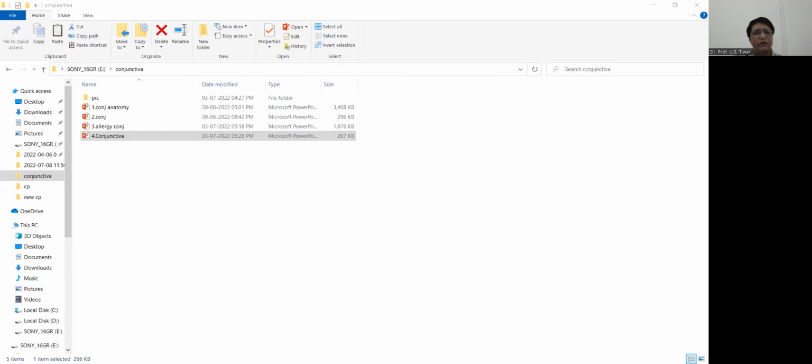The second one is the concretion. These are hard-looking whitish deposits varying from pinpoint to about 2 millimeters in size. These are not calcareous deposits, but are formed due to the accumulation of dead epithelial cells and inspissated mucus in the depressions called the glands of Henle.